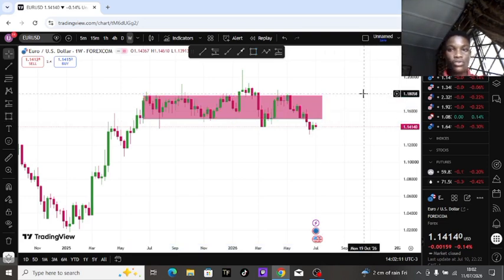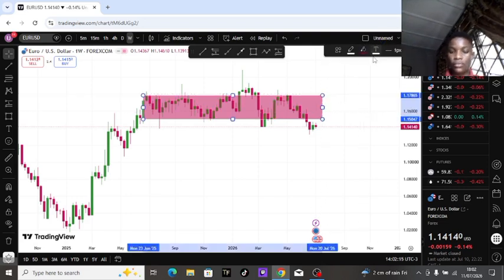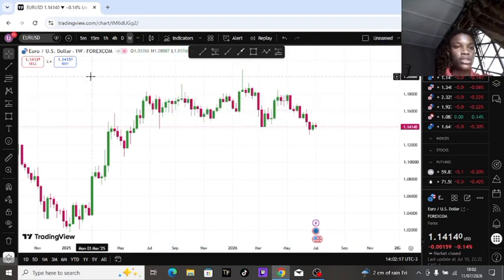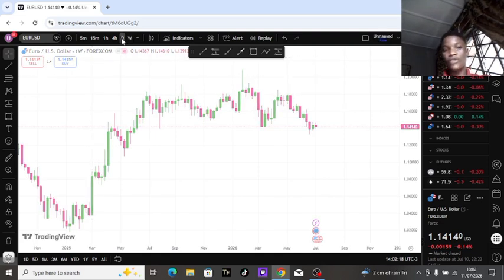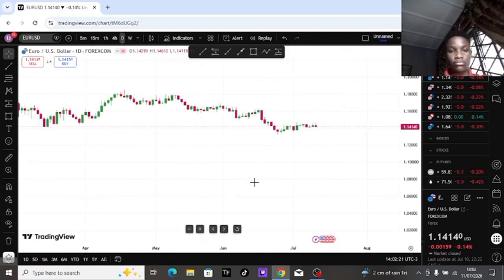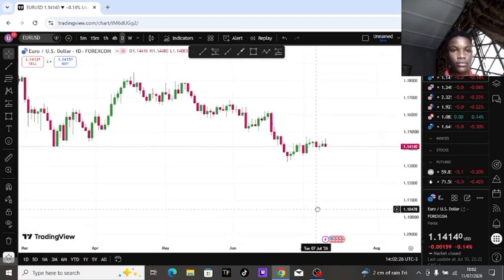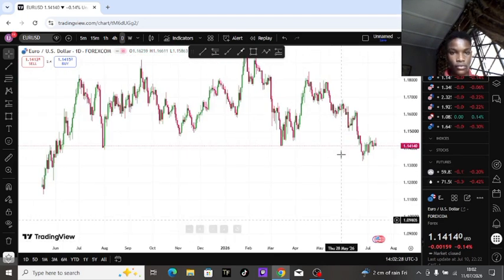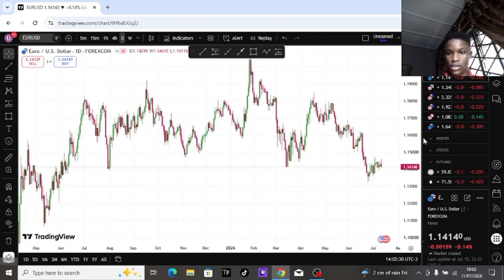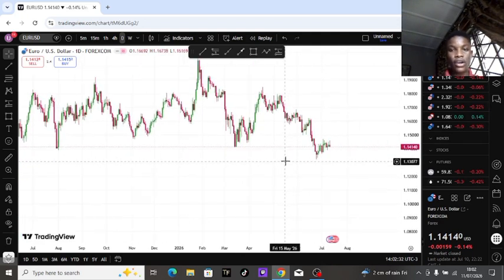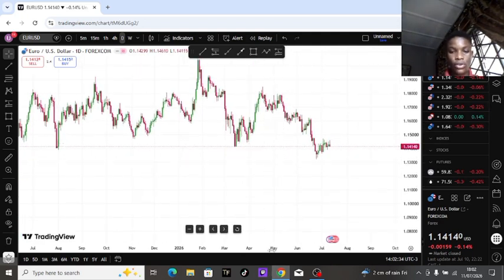I just want to see the overall market on the weekly time frame before I head on to the daily time frame. So let's check the daily time frame on your USD. No need to go far, so let's focus on this place.